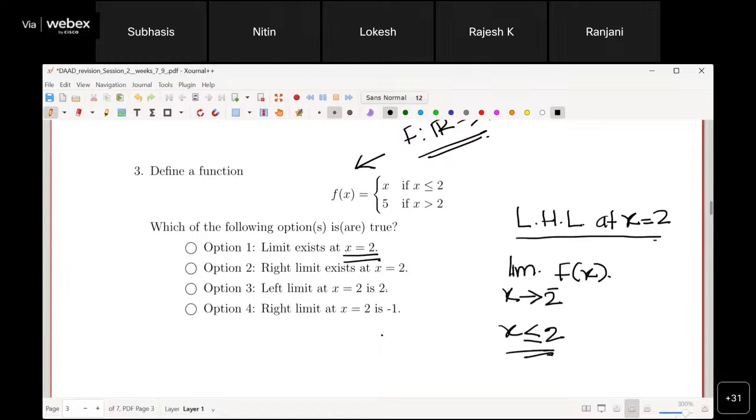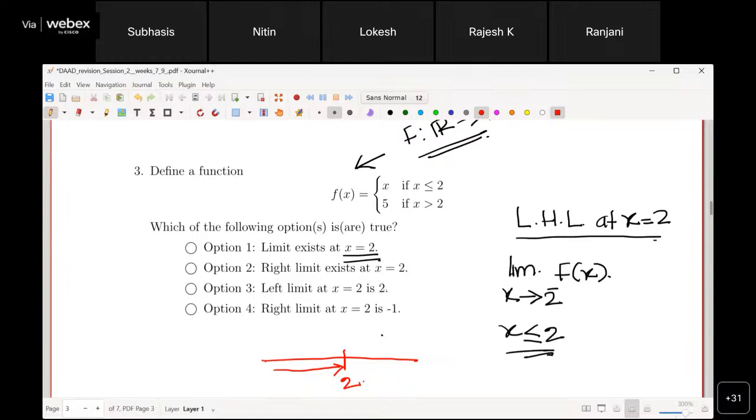That is the reason we write x tends to 2 minus, because we are approaching 2 from its left hand side. So this is my 2 and we are coming to this 2 from the left of this 2. So I'm coming through the points which are less than or equal to 2.